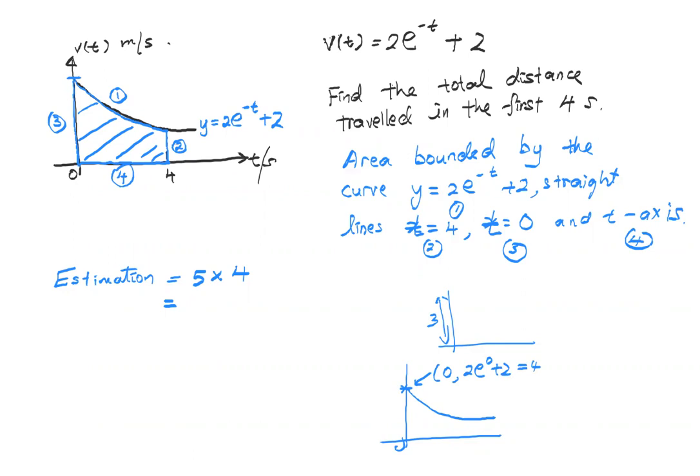Why do you want to take 5 here? That makes the estimation way out. Why do you take 4.5? So this is not a good estimation. If you look at the diagram, my good estimation will be 4 times 4.